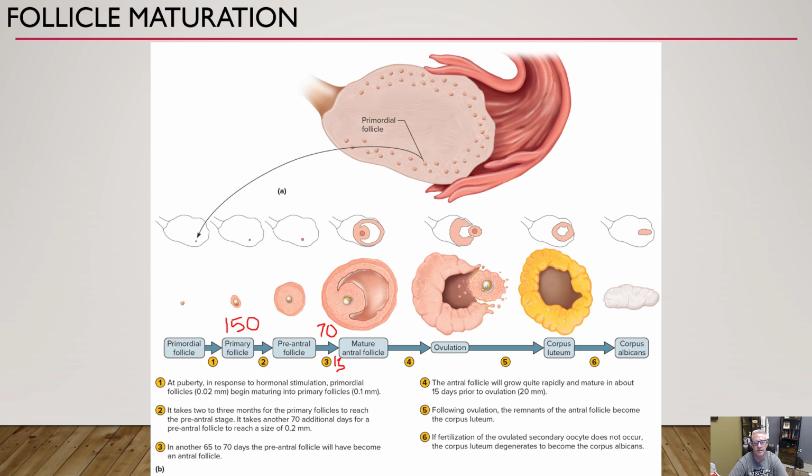Only the dominant follicle fully develops, while others degenerate and get reabsorbed back into the body, because the body doesn't like to discard anything that it can reuse. This is a lot of protein that the body can reabsorb. It takes about 300 days for the primordial follicle to develop into a mature antral follicle. And then once the mature antral follicle is ready for ovulation, that's when we have the menstrual cycle.